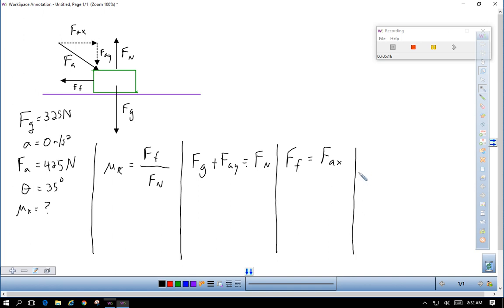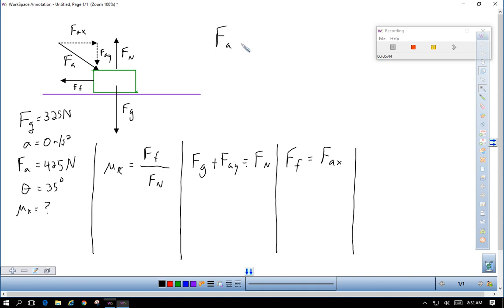No point in writing Fnet equals ma since a is 0. That'll be 0 and 0. And no real point to writing Fg equals mg either, because we don't need the mass since we're not going to use Fnet equals ma. Now one thing that we do need to do is break our applied force into components.